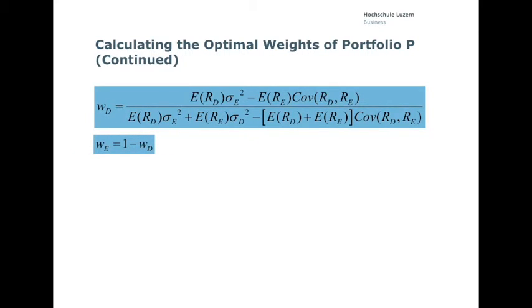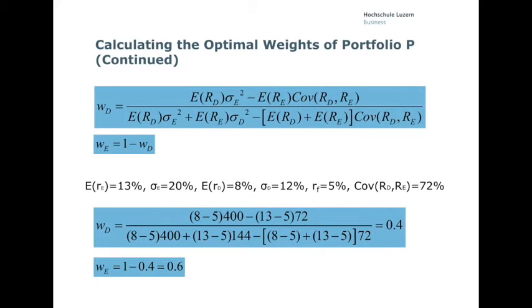In this given example, with expected returns for equity of 13%, standard deviation for equity of 20%, expected return for debt 8%, standard deviation for debt 12%, a risk-free rate of 5%, and the covariance of 72, we actually receive a weight for debt of 0.4. As we know, it has to add up to 1, so the equity portion is simply 1 minus 0.4 equal to 0.6.